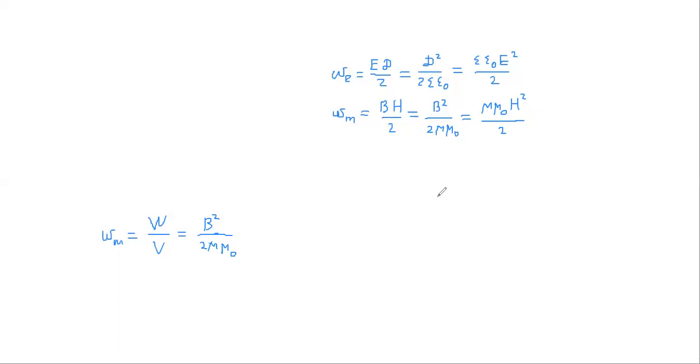We can change magnetic induction B to magnetic field intensity and magnetic field intensity to magnetic induction by the formula B is equal to mu 0 H. This formula allows us to obtain this. Okay, do you have any questions about this?